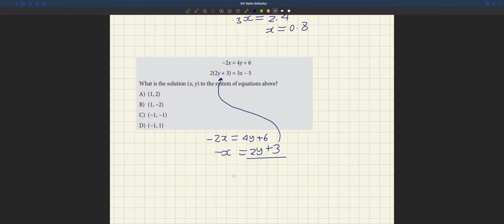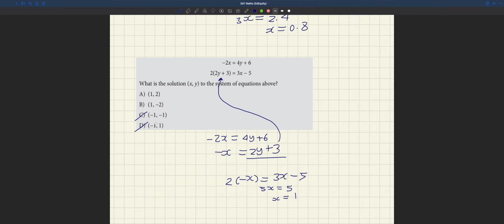So this gives us 2 times negative x equals 3x minus 5, which we can then simplify to 5x equals 5. Then x equals 1. So the x value is equal to 1, which means we can cross out answer choices C and D because they are incorrect.